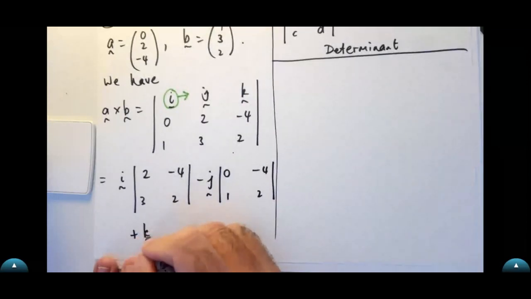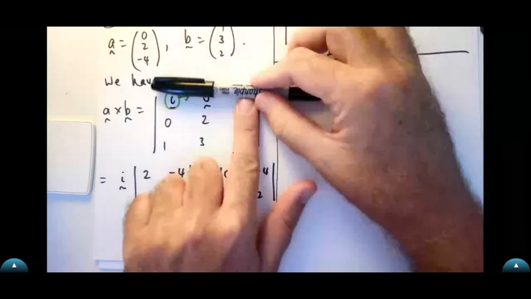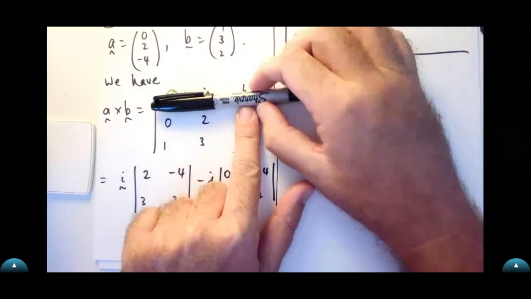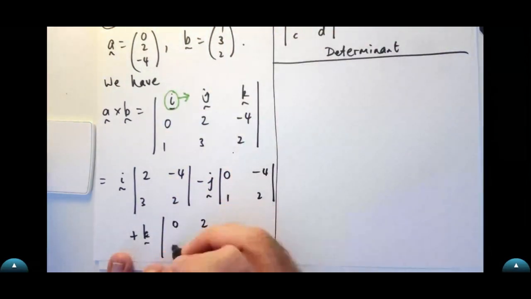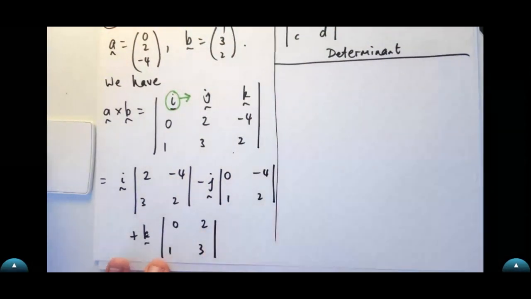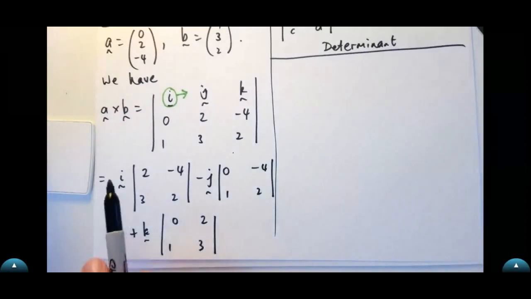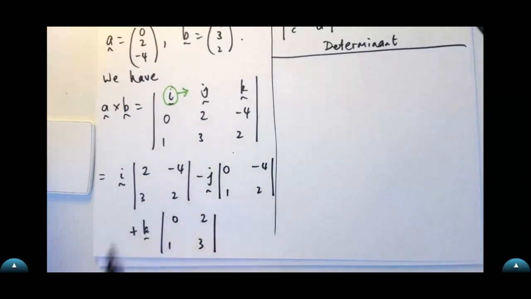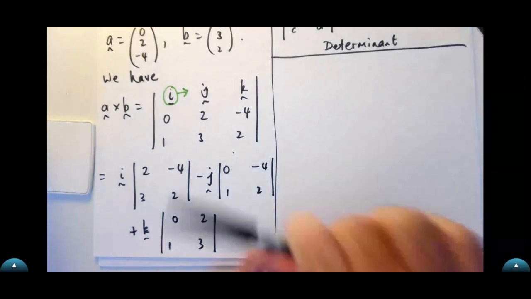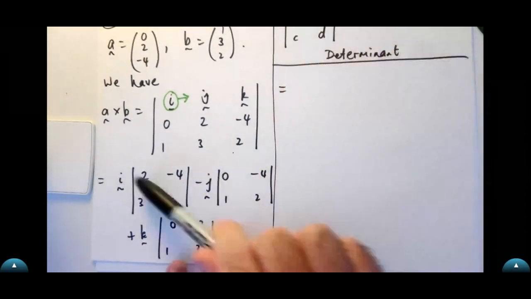And then we alternate the sign again. Okay, 0, 2, 1, 3. Now, some of you will be thinking, Professor, why do we alternate the sign? I will discuss that in a minute. Okay, so let's go up here.